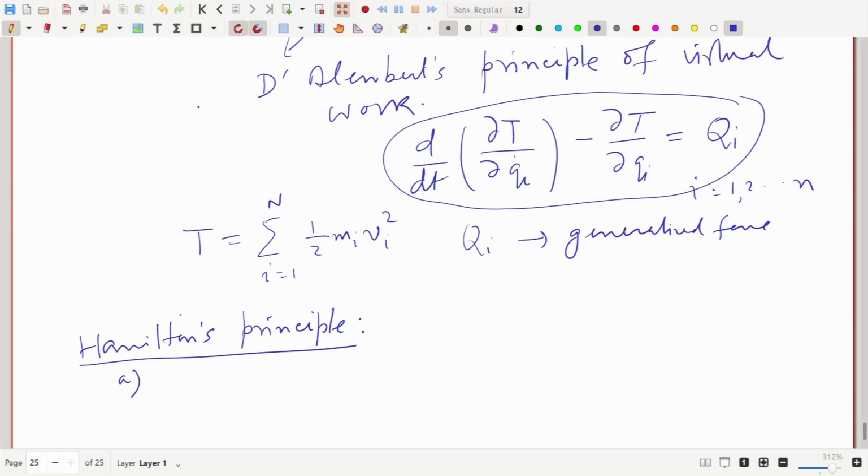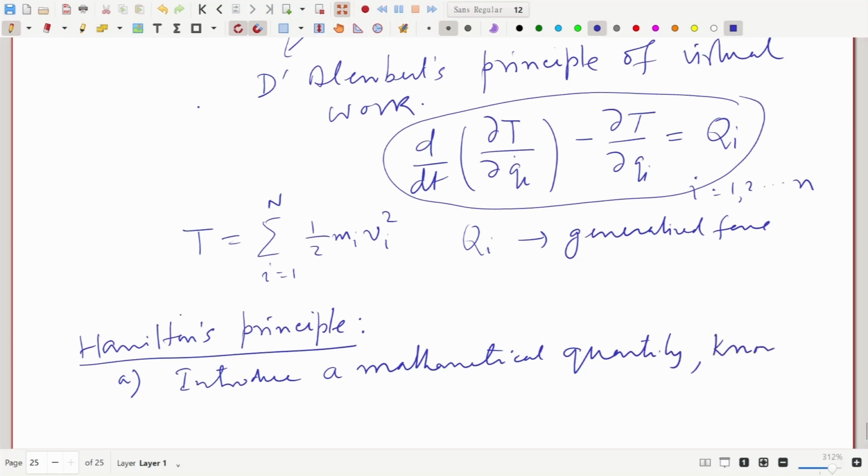Part 1 introduces a mathematical quantity known as the Lagrangian.